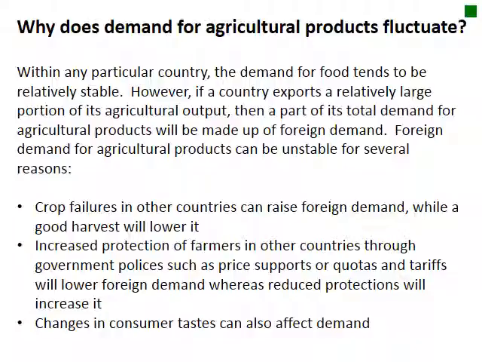And foreign demand can be unstable for several reasons. One, crop failures in other countries can raise foreign demand, while a good harvest will lower it. Increased production of farmers in other countries through government policies such as price supports or quotas and tariffs will lower foreign demand, whereas reduced protections will increase it. And lastly, changes in consumer tastes can also affect demand.